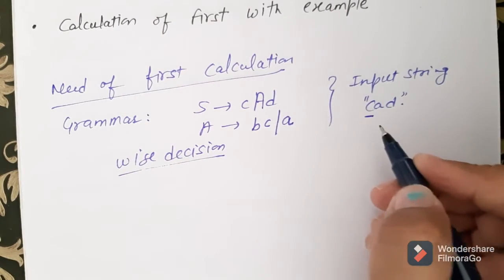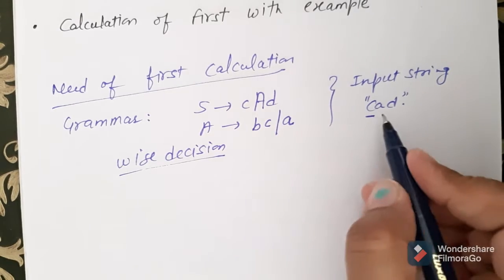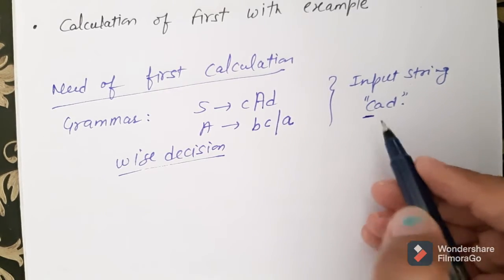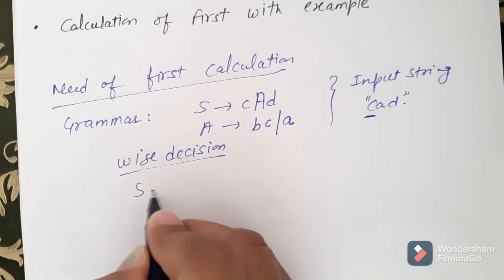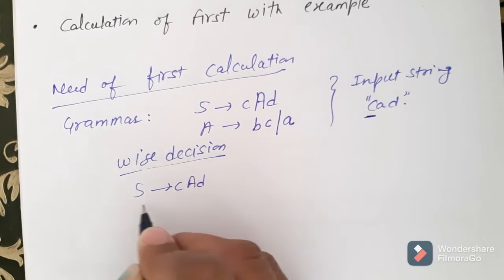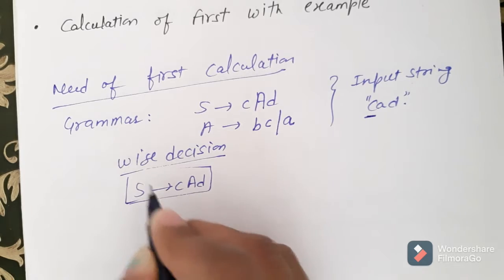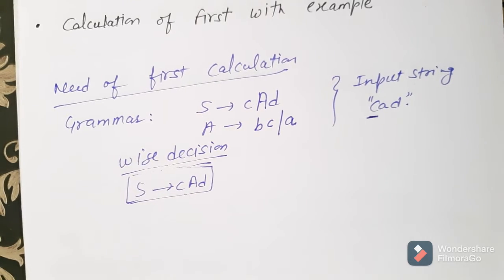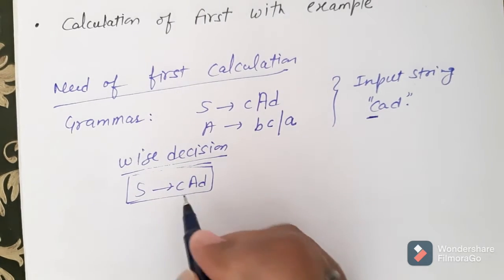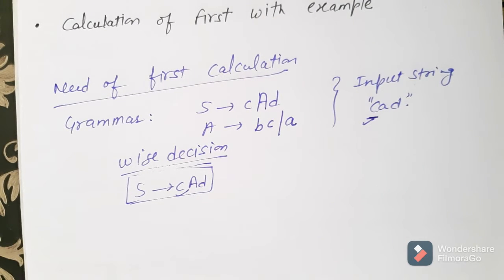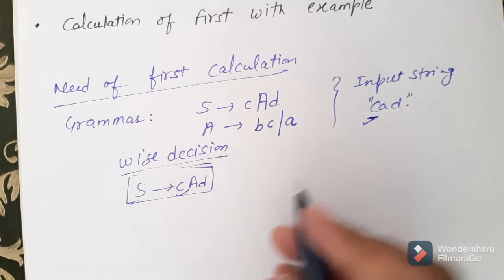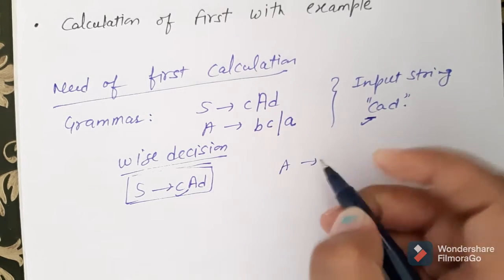Here first the input symbol is C. So first CAD, this production will be taken by the parser, and now C of this production matches with the input symbol. Now the parser will proceed further.